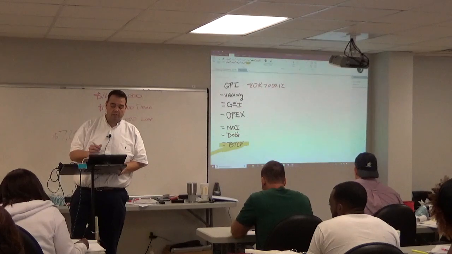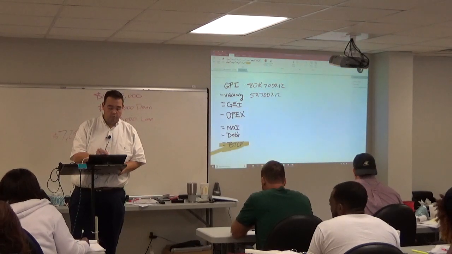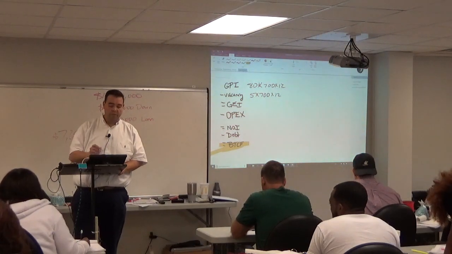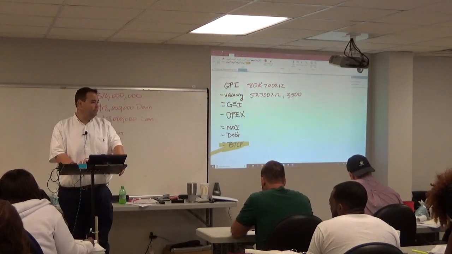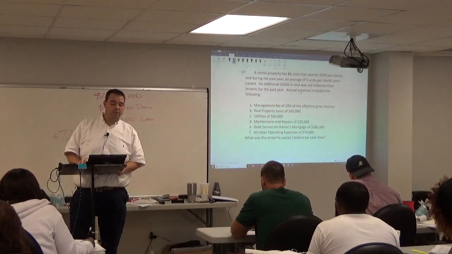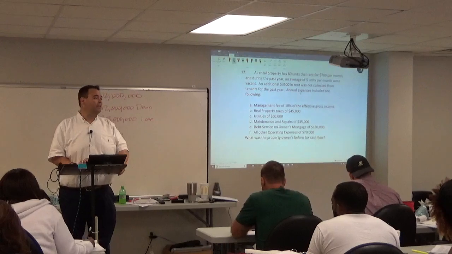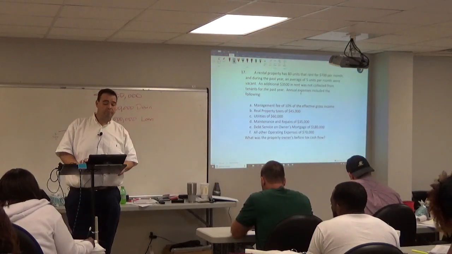So on vacancy, I'm going to put 5 times 700 times 12, right? And they also said we didn't collect another $3,500 in rent, so I'm just going to put $3,500 on that line. And that's not $3,500 times 12, because it says an additional $3,500 in rent was not collected from the tenants for the past what? Year. So that's just $3,500 and leave it alone.